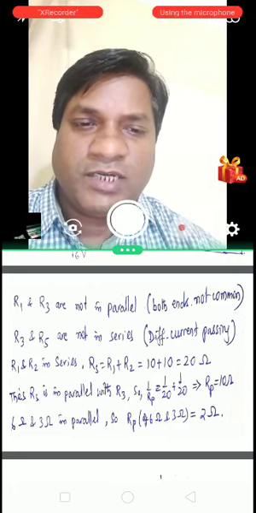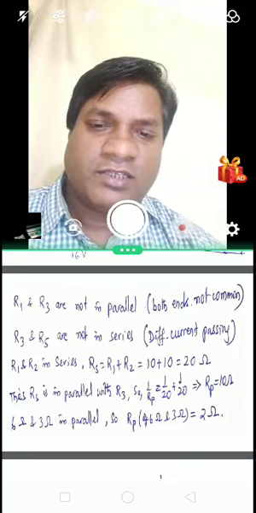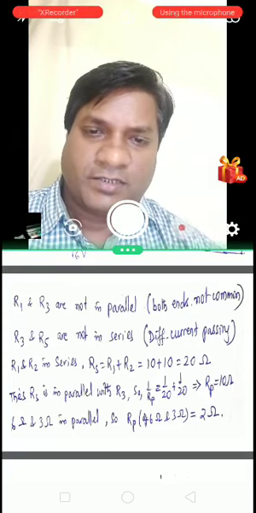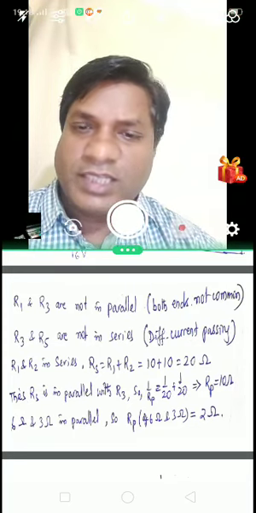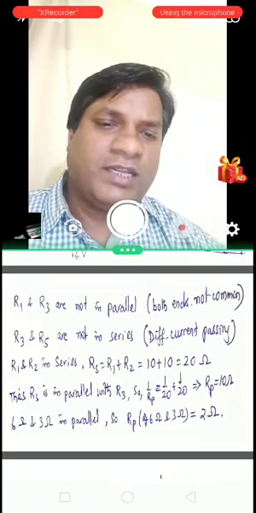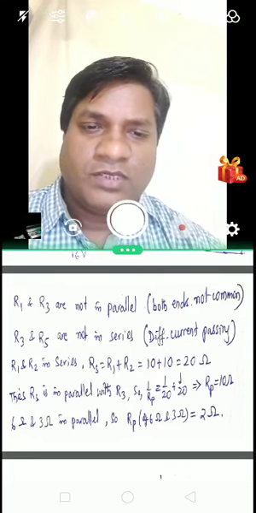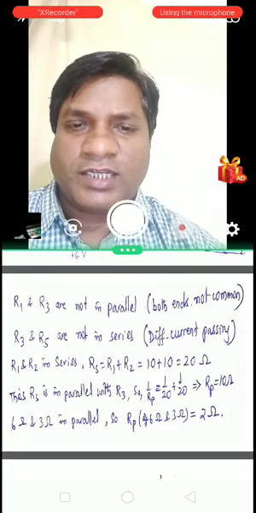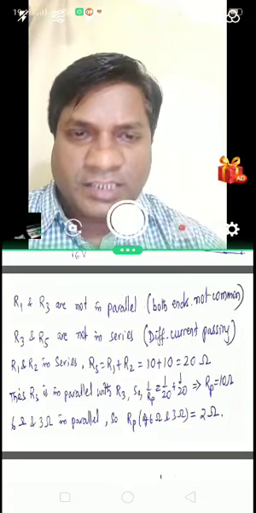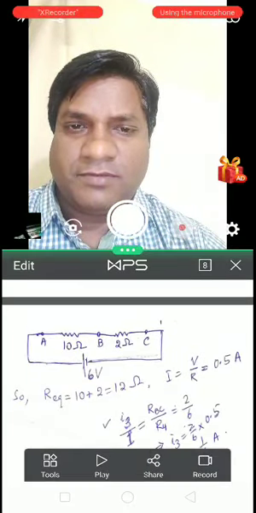So Rp is equal to 20 upon 2, that is 10 ohm. In the second part, 6 ohm and 3 ohm are connected in parallel. So similarly their equivalent resistance comes to be 2 ohm. So now this circuit can be simplified as this one.